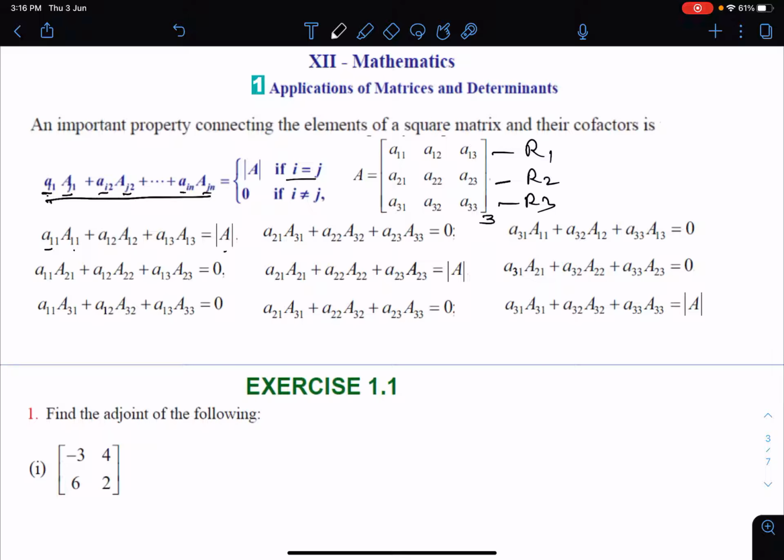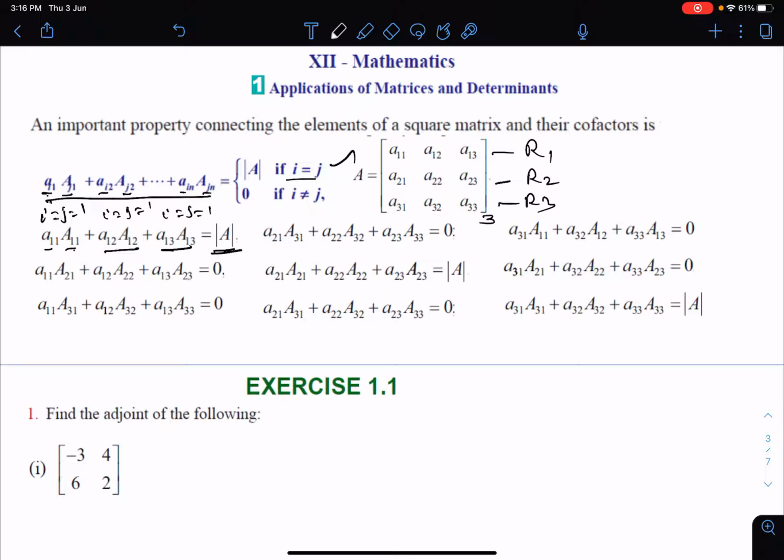For a11, here 1 is the i. Similarly, for capital A also, the first one is j and that is also 1. So here i equal to j equal to 1. Similarly, here i equal to j equal to 1, and here also. So this is the condition they have given here. Whenever i and j are equal, you get the answer as determinant A.